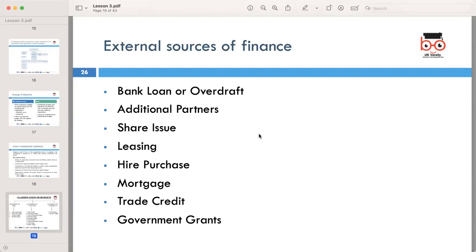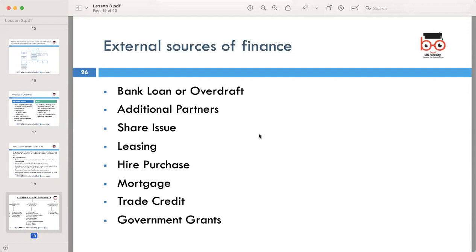Additional partners, bringing in additional partners who invest capital in the business, is another source of finance. Then share issues. A startup can raise funds by issuing shares to external investors. Friends, family, or business angels are often the main source of outside investment.